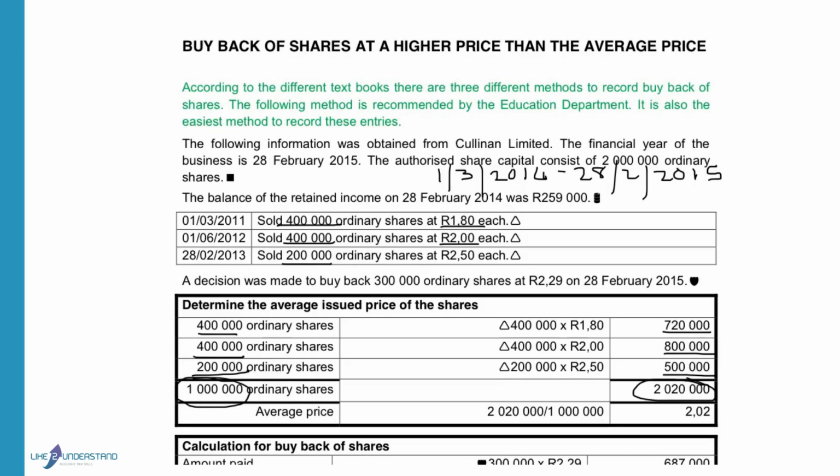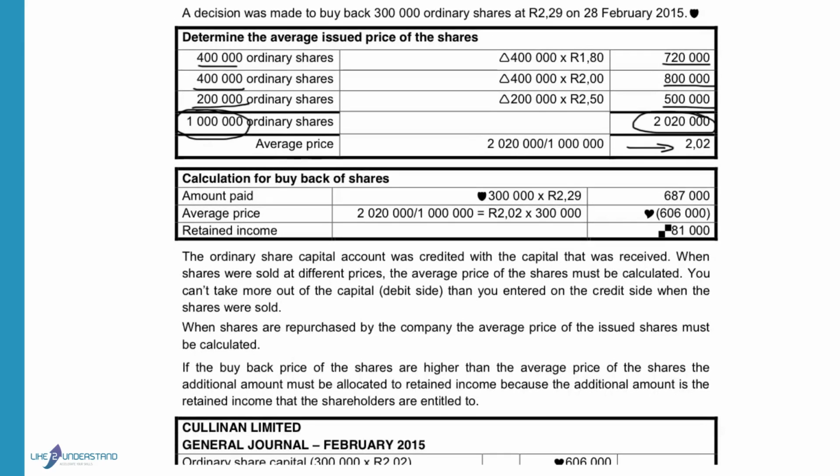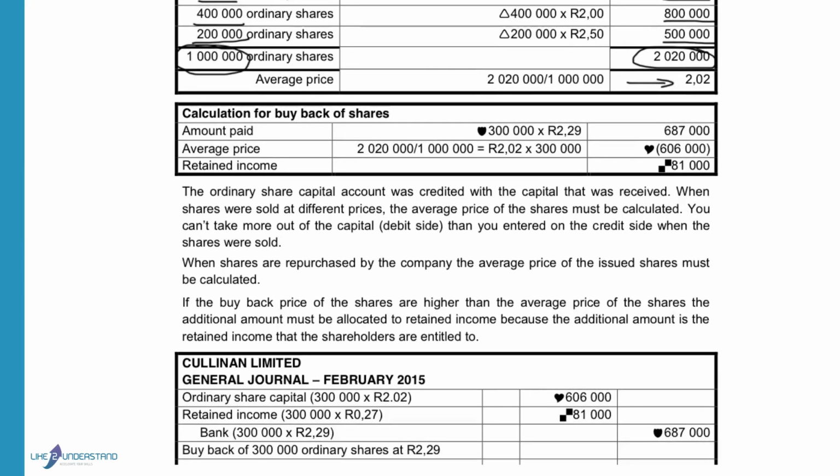So if I divide the money by a million, it gives me the average price per share as R2.02. Okay, then they say that they decided that they're going to buy back shares at R2.29.